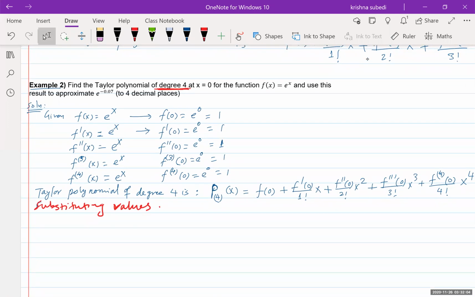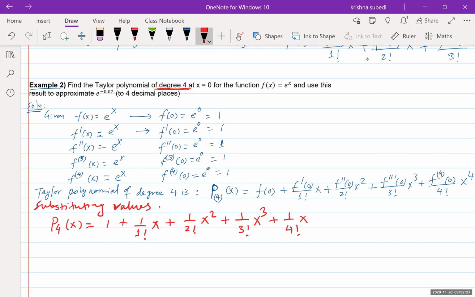Substituting the values, your 4th degree polynomial will be f of 0 is 1 plus 1 over factorial 1 x plus 1 over factorial 2 x squared plus 1 over factorial 3 x cubed plus 1 over factorial 4 x to the power 4.